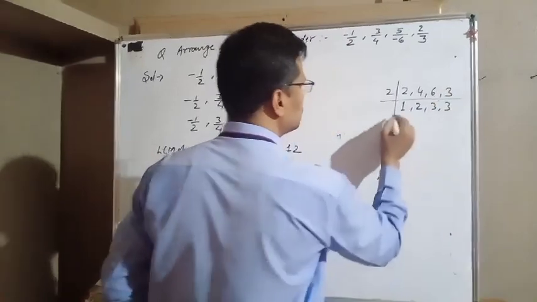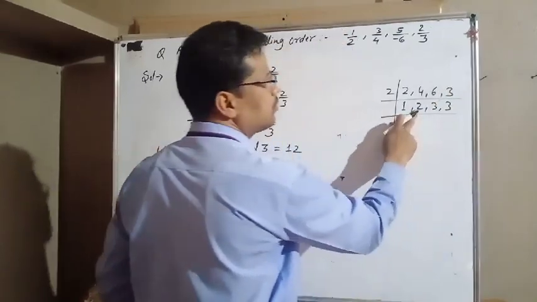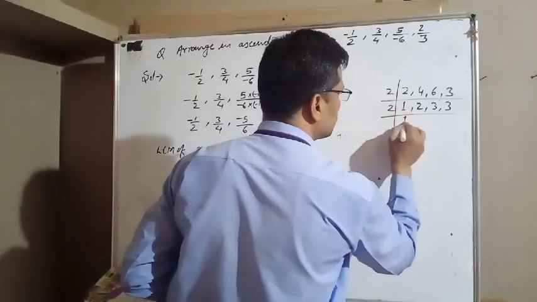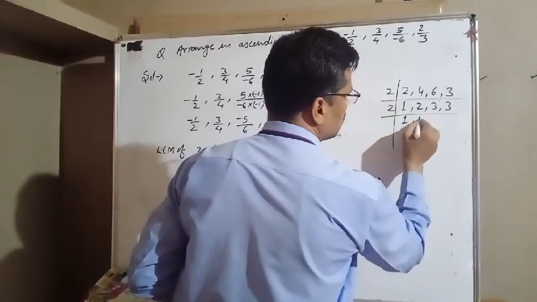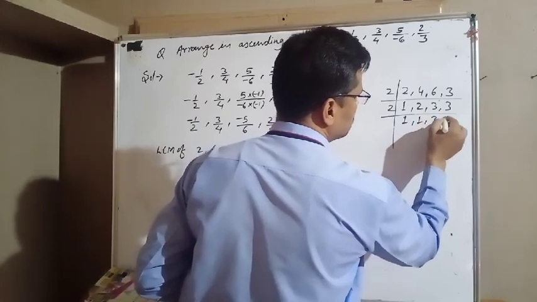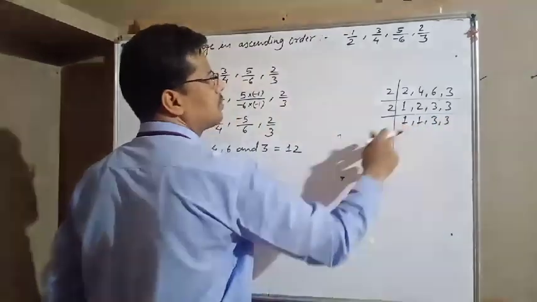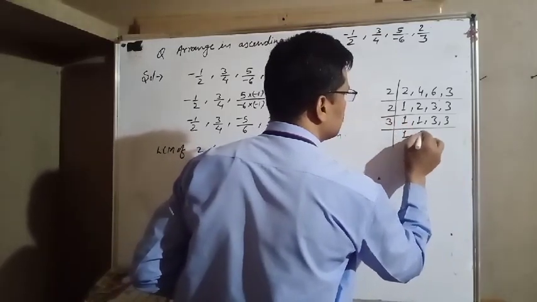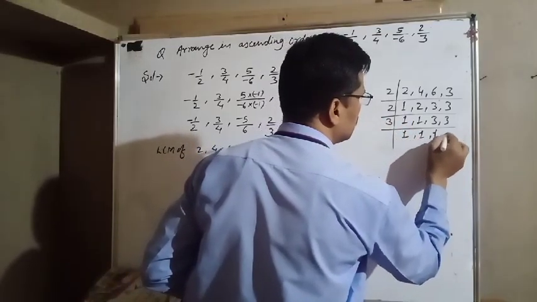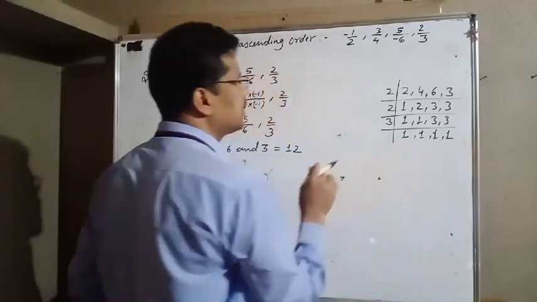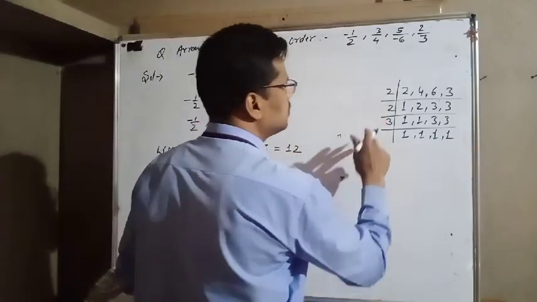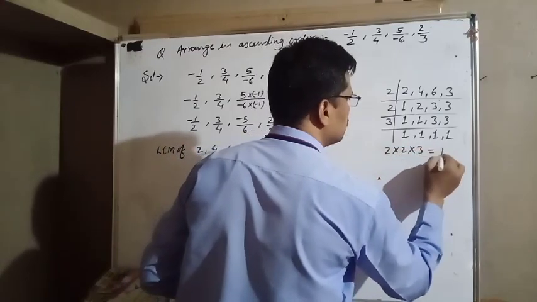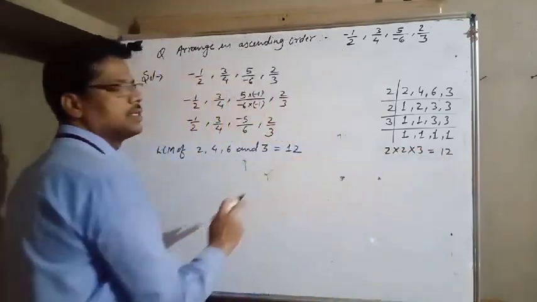Now again we have even numbers, so we divide by 2. 1 will come as it is, 2 ones are 2, and 3 and 3 will come as they are. Now the next prime number is 3, so we divide by 3. We get 1, 1, 1, 1. Now the LCM of these four numbers is 2 into 2 into 3, which is equal to 12. In this way we get the LCM 12.